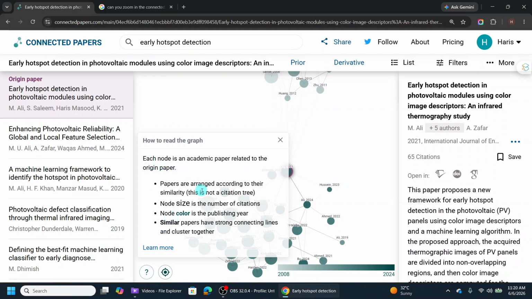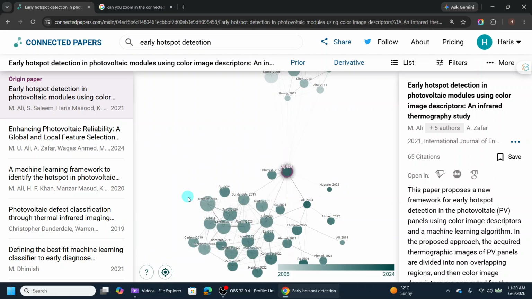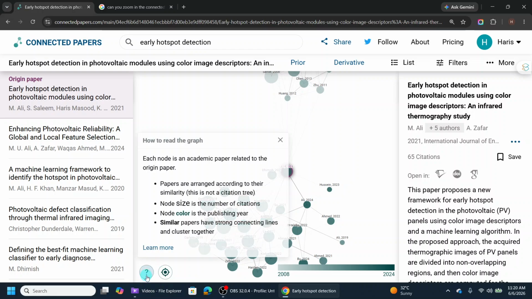The most important thing related to this graph is mentioned over here, that this is not a citation tree alone. Most of the other AI tools available off the shelf in the market are based on citations only. That means your base paper is connected with other papers based on citation connectivity only.